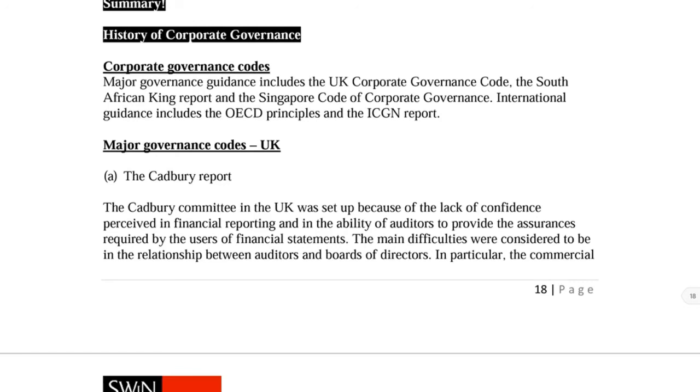If you have any friends currently doing a law degree, I'm sure corporate governance is one of the major topics they need to cover as well. So try your best to get some knowledge about corporate governance. And for those of you planning to take auditing as your optional paper, I'm sure this can give you a very strong and solid foundation to carry over to your auditing paper. You're going to see this again.